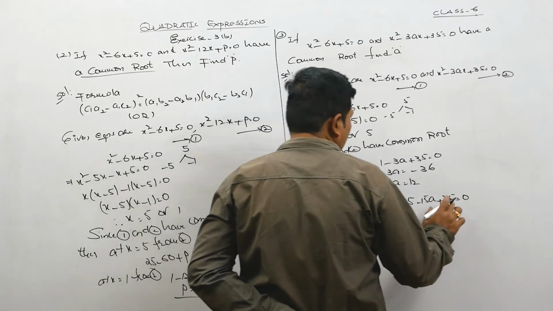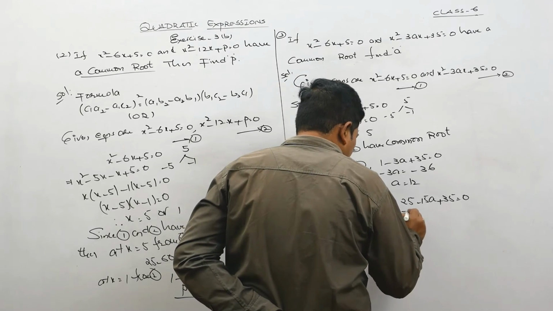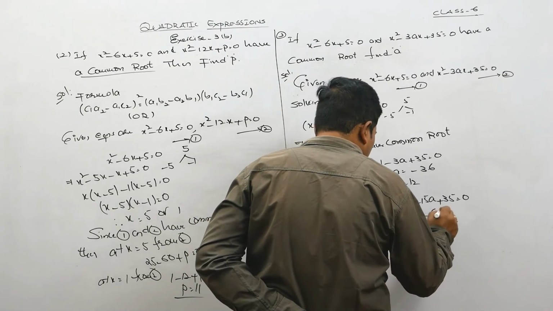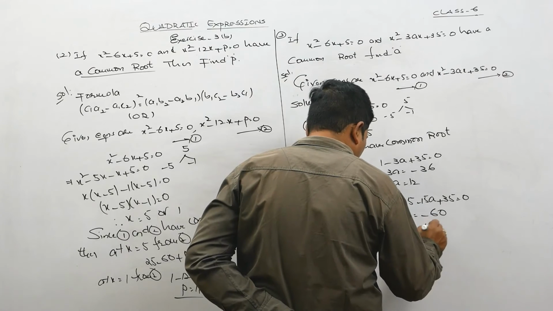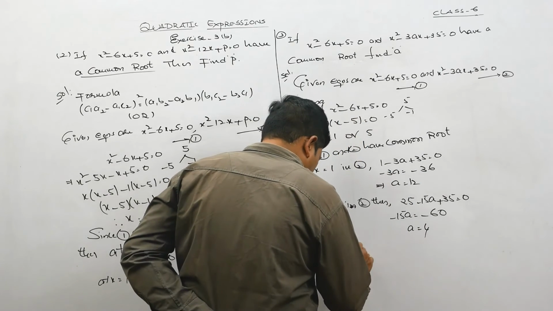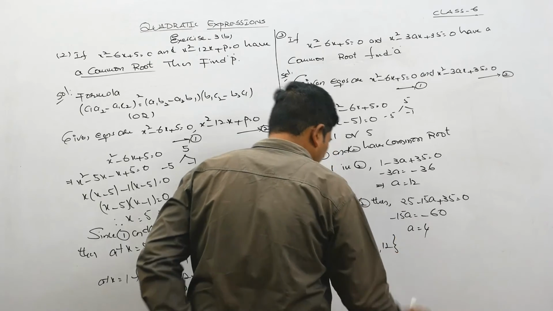So 25 plus 35 is 60, taking to that side, minus 15a is equal to minus 60, and 15 fours are 60, a is equal to 4. Therefore a is equal to 4, 12.